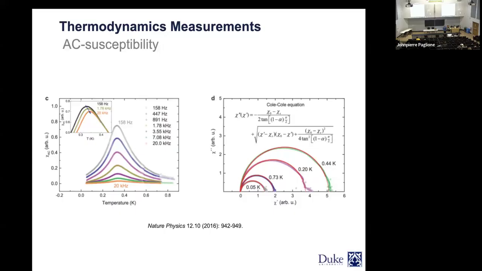But if you have multiple relaxation times, then you can think about the fact that, for example, you have a spin freezing or a spin glassy nature. In that situation, alpha is going to be closer to 1. And if you put 1 in this equation, your pattern is going to be very flat. So in these two cases, you have either a semicircle or a very flat data set.